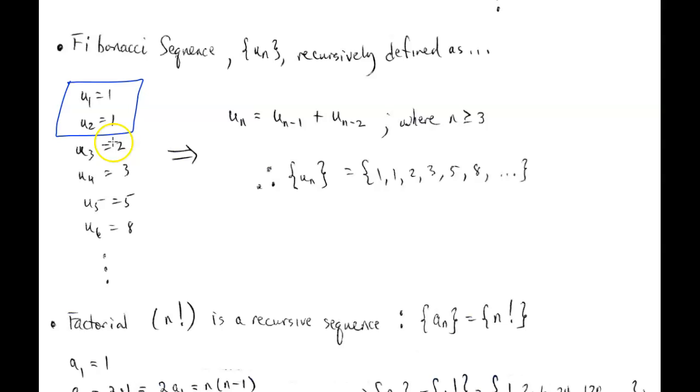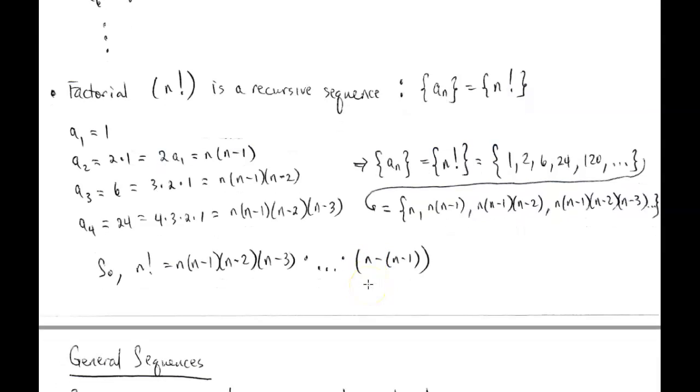So if we add 1 and 1, we get 2. Next, if we add 2 and 1, we get 3. Next, if we add 2 and 3, we get 5, so on and so forth. So we see that particular sequence is just put together by saying, hey, our first two numbers are going to be 1, and then we're just going to add the two previous numbers to get the current number.